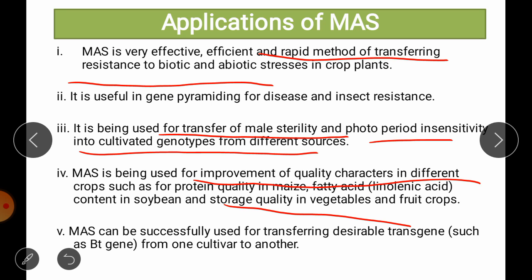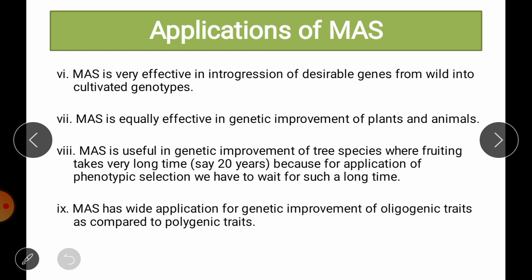MAS is successfully used for transferring desirable transgenes such as the Bt gene from one cultivar to another cultivar. It is also an effective method for introgression of desirable genes from wild to cultivated genotypes.